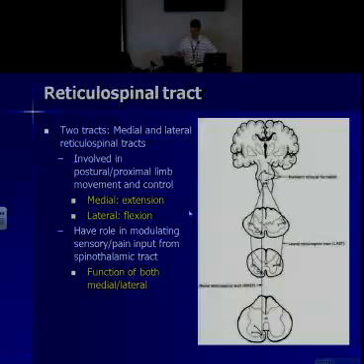Remember we talked about the reticular system and descending part of that reticular system. Pain comes in, goes up to the thalamus, gets up to cortex. Some of it's dropping off from reticular system and making a U-turn and going back down. And this is part of that pathway to land back down and modulate pain at the spinal cord level a little bit, and some other ways too. But motor-wise also has a role.